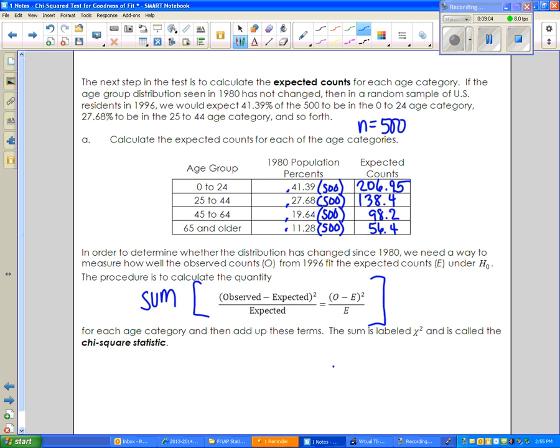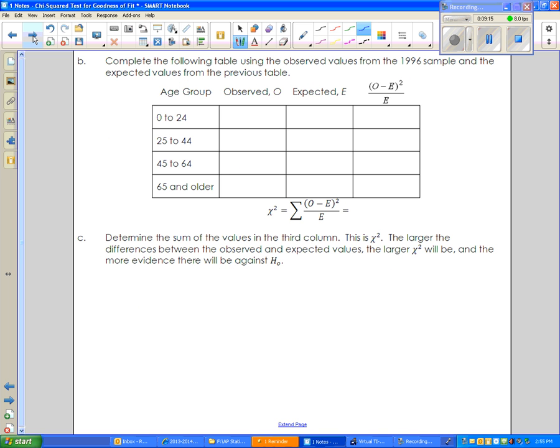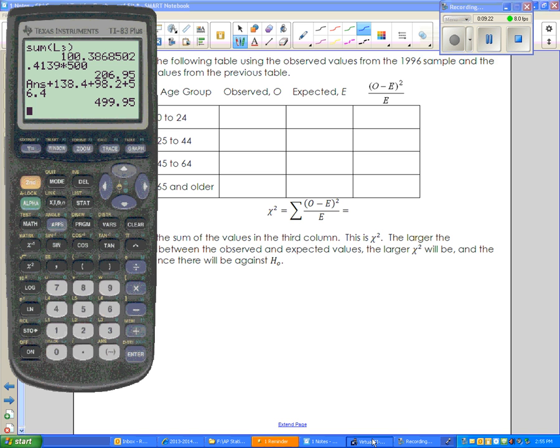The sum is going to be chi-squared, and it just looks like an x squared. That is called the chi-squared test statistic, and that's what we're actually going to be finding the probability of. So I've just organized this into another table, but you can actually do all these calculations in your calculator.